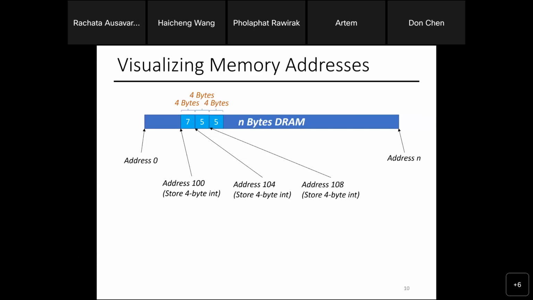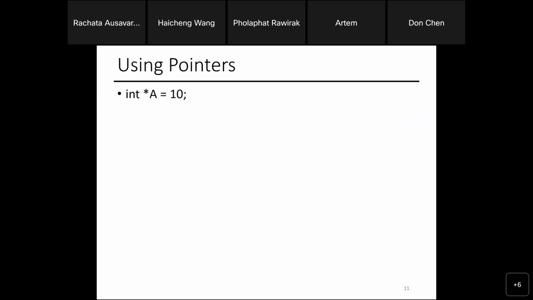All right. So to use the pointer, you first declare it by just typing int star A. This will create a variable called A that has the pointer type. It's not an integer type anymore. It's a pointer type.